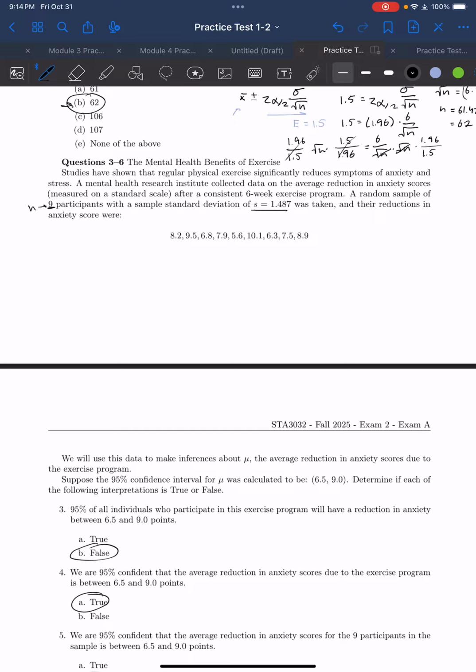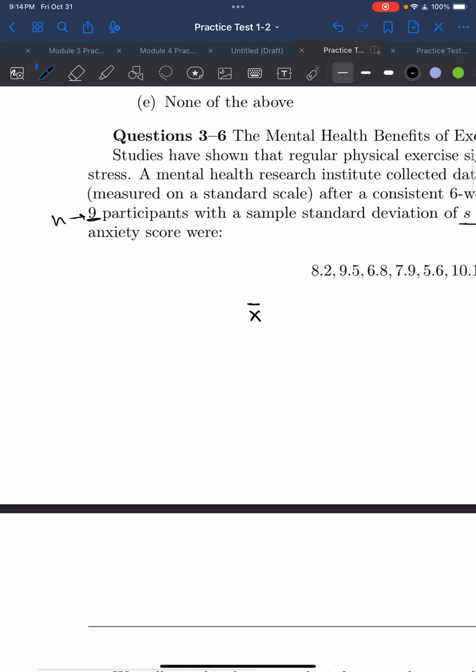And so those are our values. Just double check that I got them right. And then our mean is x bar, our sample mean, and that should be around 7.867.